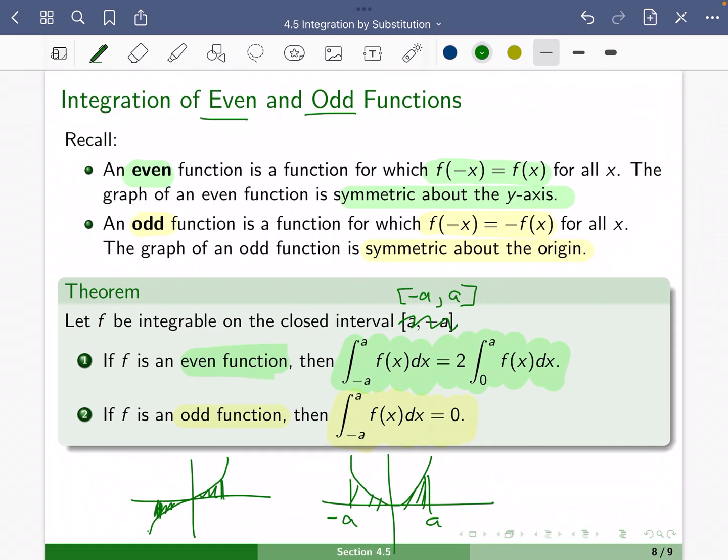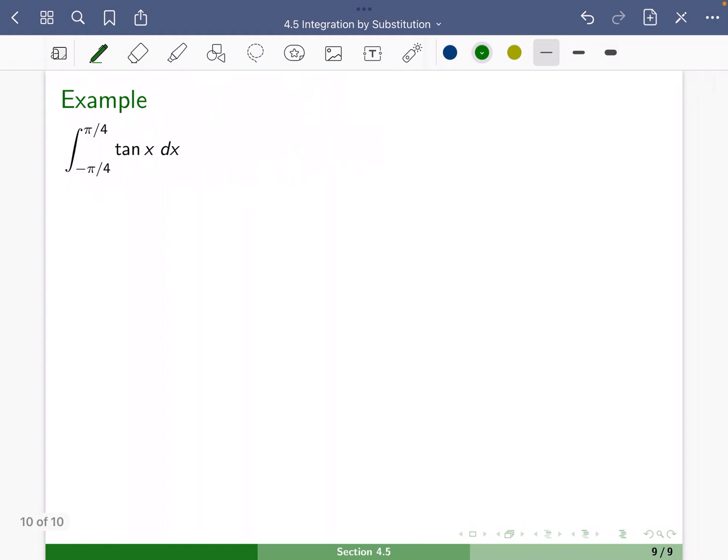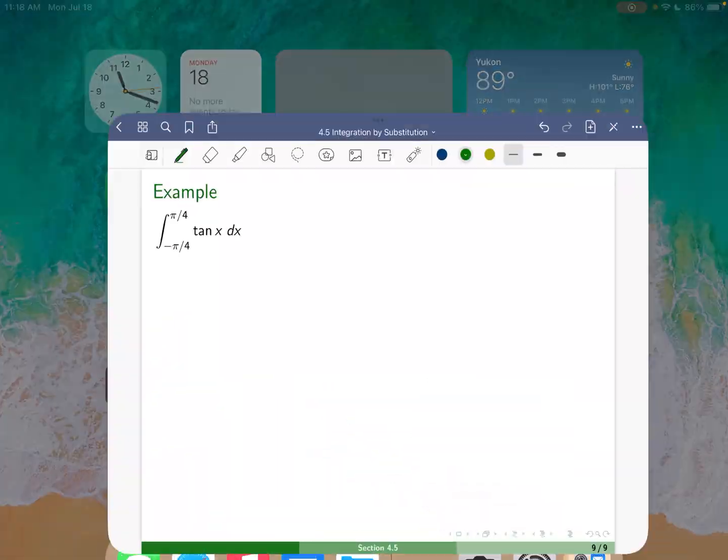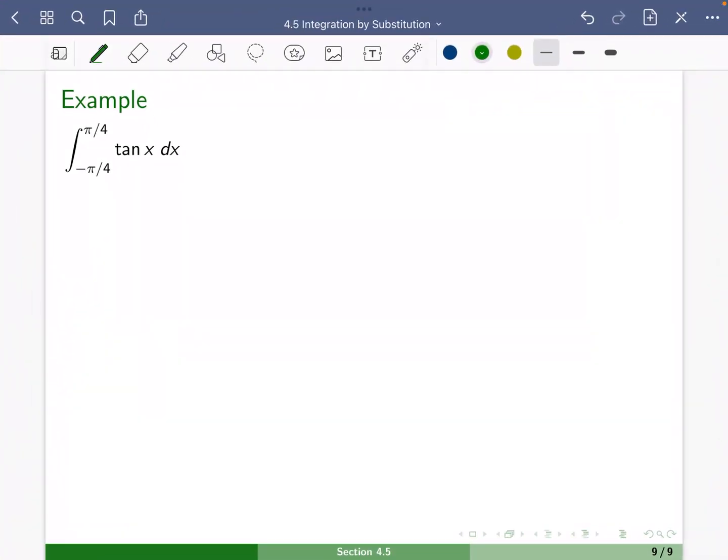Great. So let's look at an example. Here, if I want to integrate tangent of x dx from negative pi over 4 to pi over 4, then I can observe that the tangent function is an odd function. Its graph is symmetric about the origin.